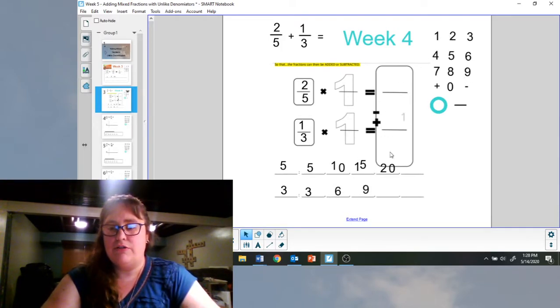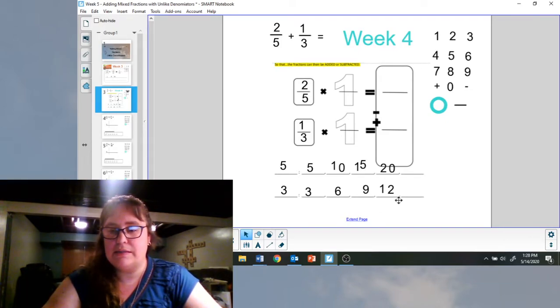I'm going to pause there, see if I've got one in common. I do not. I've got one more line though. 3, 6, 9, 12, 15 would be my next one. And yes, I have one in common. So it looks like 15 is my least common denominator, the first one they have in common.